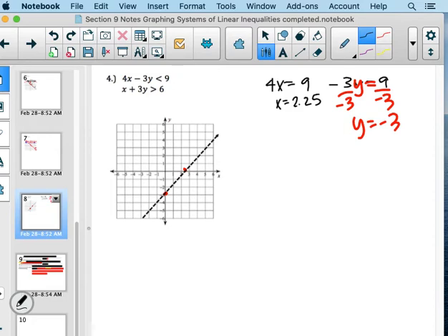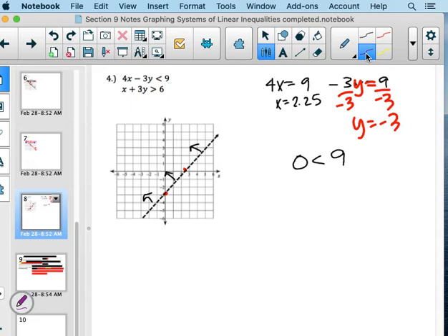As far as shading goes, I'd be testing, plugging in, is 0 less than 9? It is less than 9, so I would want to shade towards (0, 0) with this first line. Second inequality here, graphing.